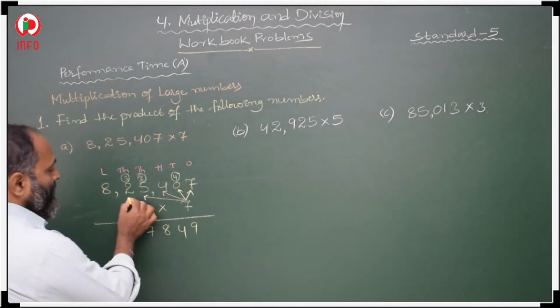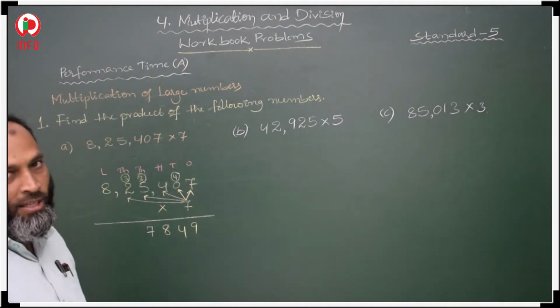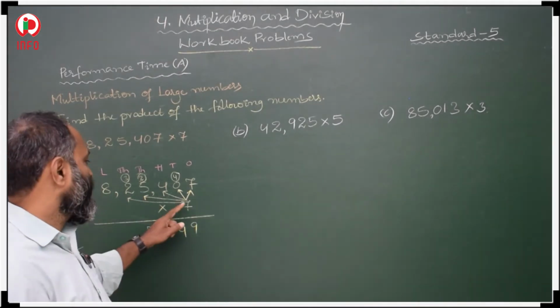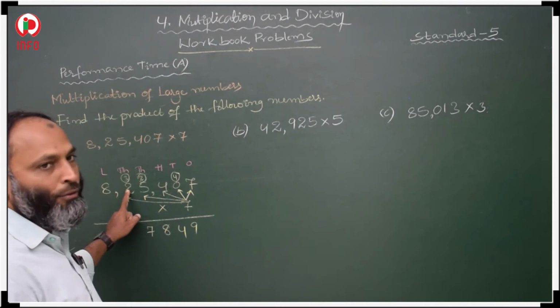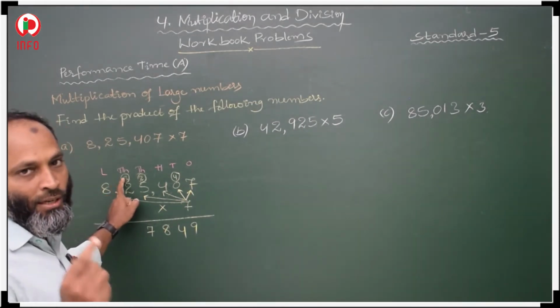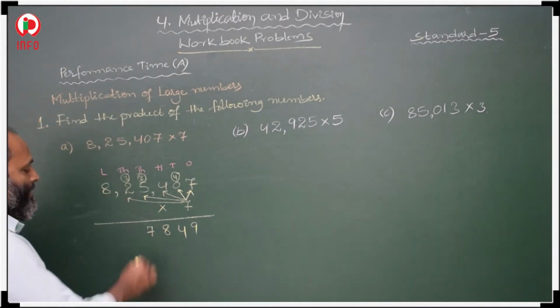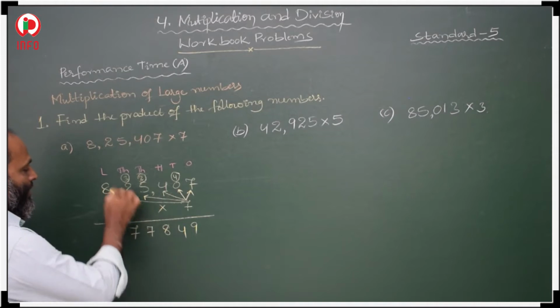Next 7 with 10,000. How many 10,000s were there? 2 10,000s were there. 7 twos are 14. 14 plus 3, 15, 16, 17. 17 10,000s means 7 10,000s and 1 lakh.